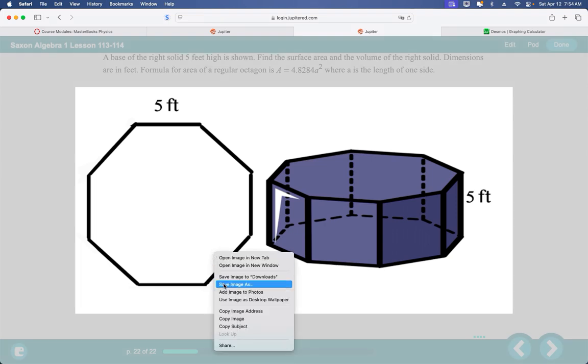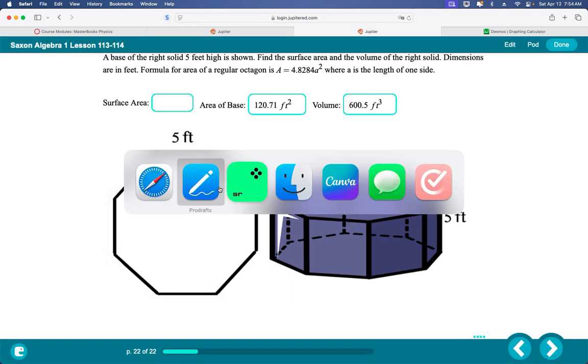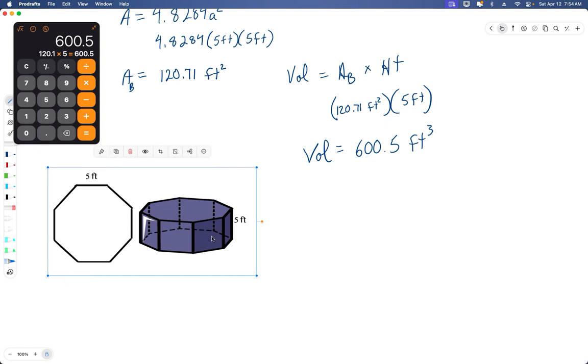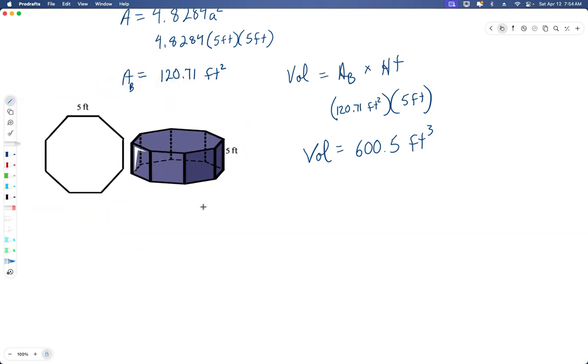So I'm going to copy this over so that I can do this a little bit easier. I just need my illustration here to remind me of what I'm doing. So what I have to remember, I've got a top octagon and a bottom octagon. And the area of the octagon is right here.